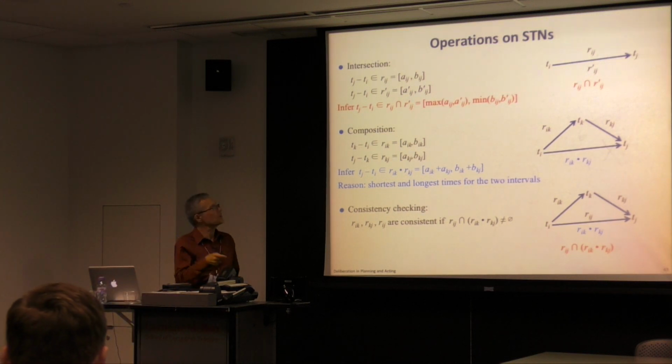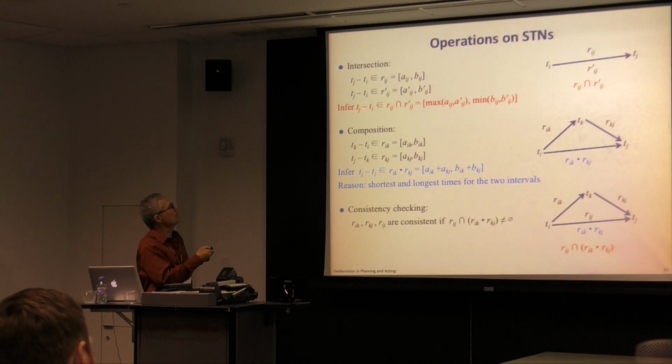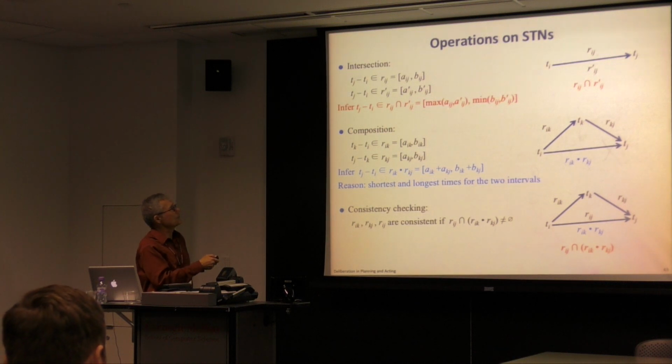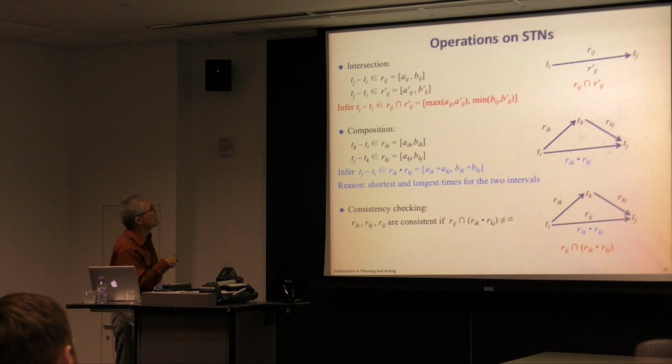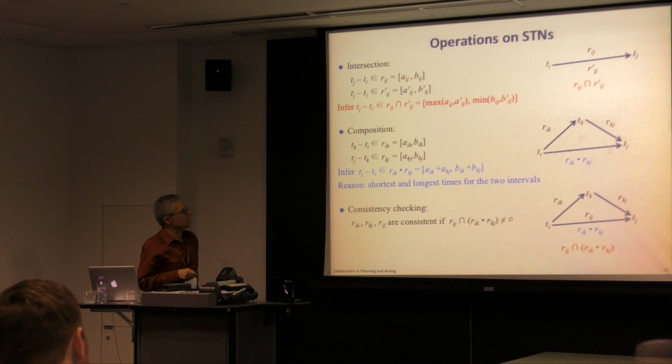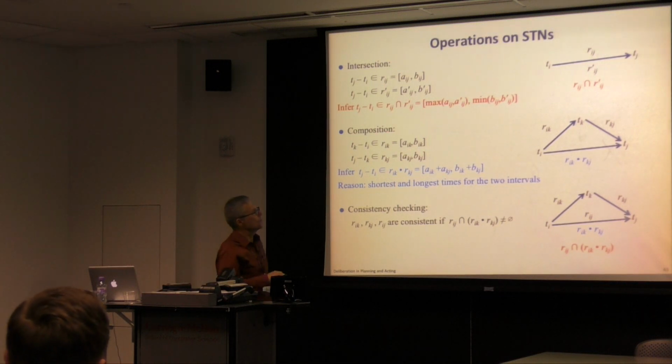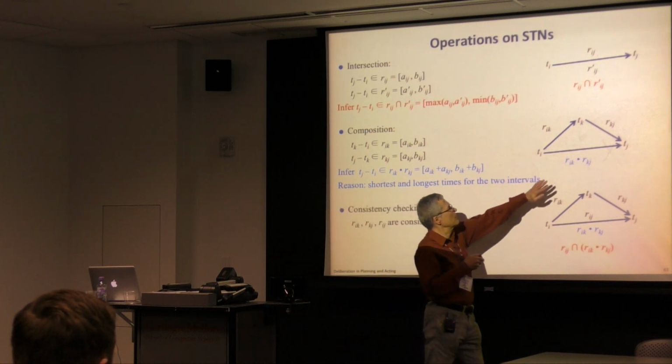Well, you just take their intersection. We can infer that the difference between Ti and Tj is the intersection of those two time intervals, which is going to be the interval going from the maximum of these two time points to the minimum of these two time points.